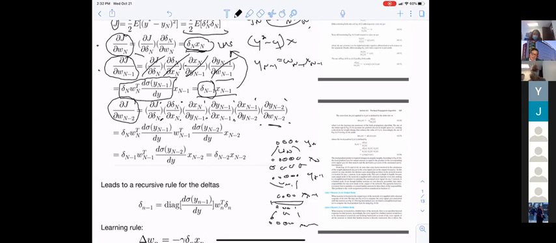I can write these things out: this becomes my sigmoid, and dy n minus 1 over dx n minus 1 gives me this. Now I get another sigmoid here, and dy n minus 2 over dw n minus 2 gives me the x of n minus 2. So now I have this equation, which looks a lot like the earlier one.